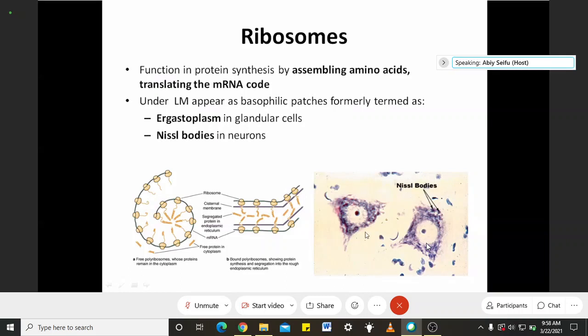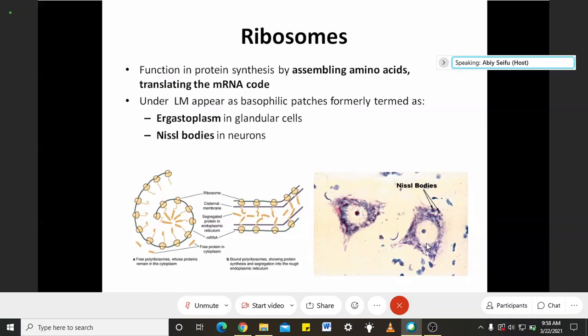Why do we have a large amount of rough endoplasmic reticulum in the neurons? It is because neurons communicate by chemical messenger molecules. We call these neurotransmitters. So for one neuron to stimulate another neuron, or to inhibit, or anyway to communicate with another cell, they release substances.